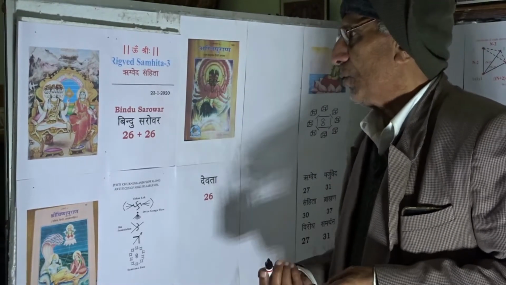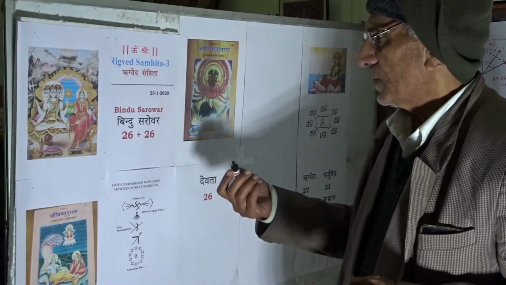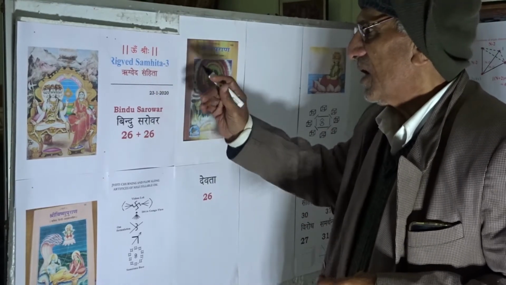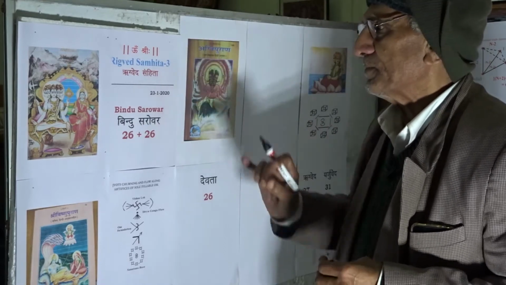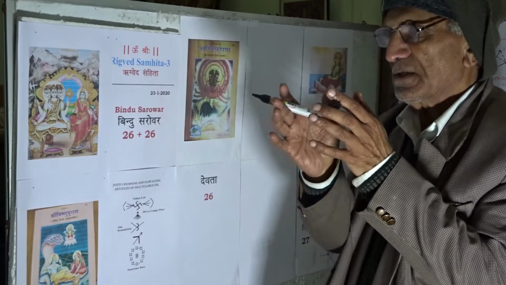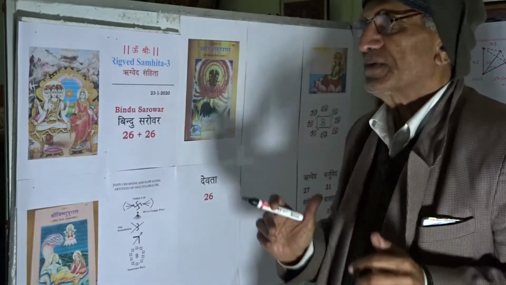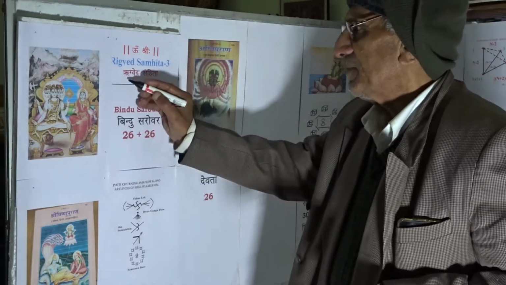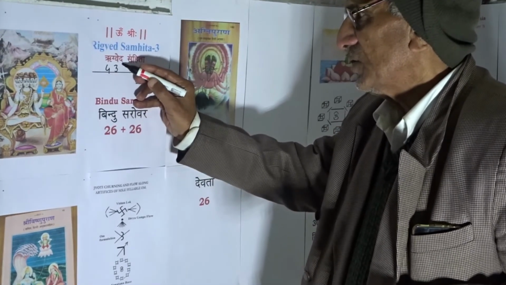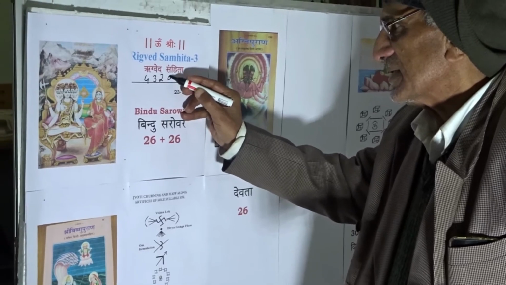We are continuing with the organization format features of Rigved Samhita. We know that the organization format of Rigved Samhita is of the range of 4,32,000 aksharas.